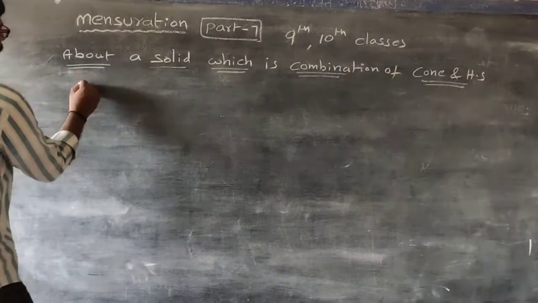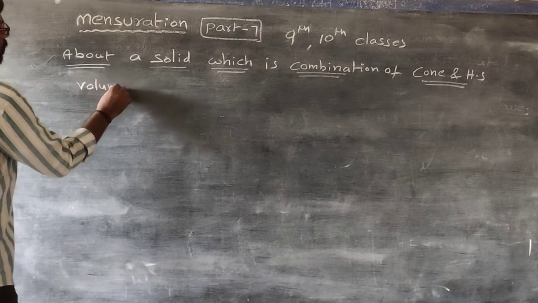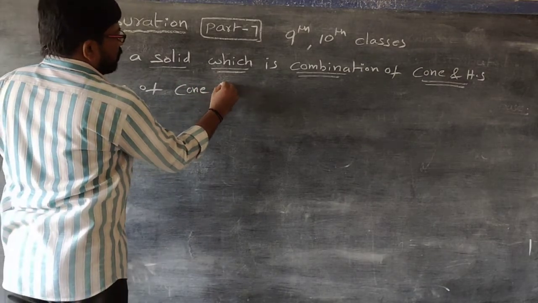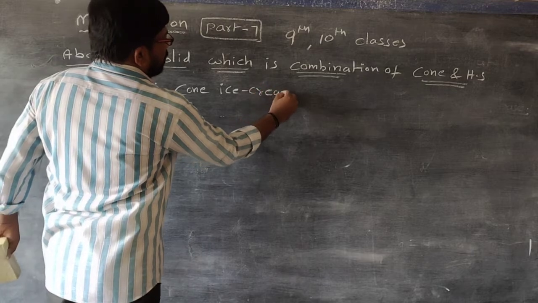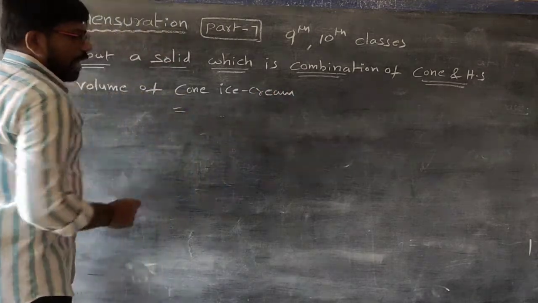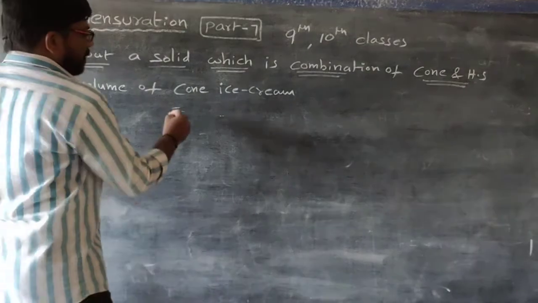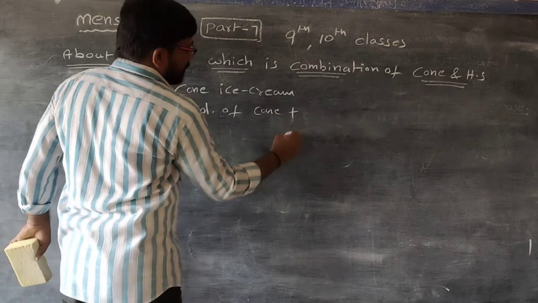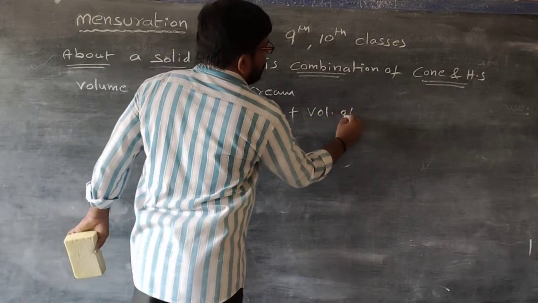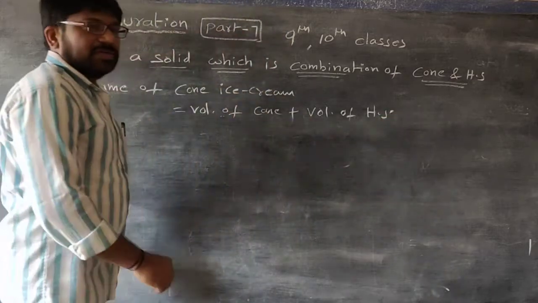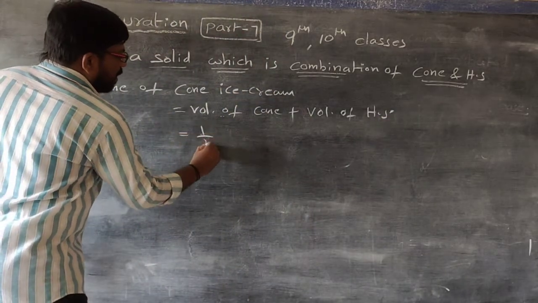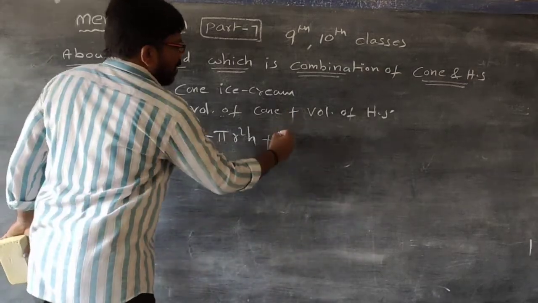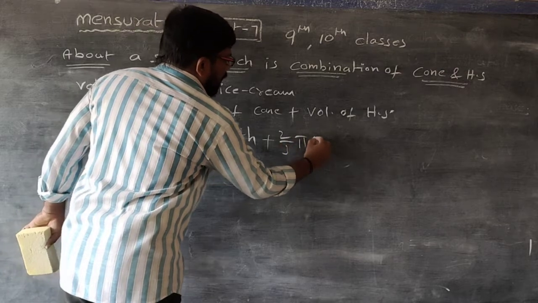Volume of cone ice cream is equal to volume of cone plus volume of hemisphere. So volume of cone is 1 by 3 pi r square h, plus volume of hemisphere 2 by 3 pi r cube.